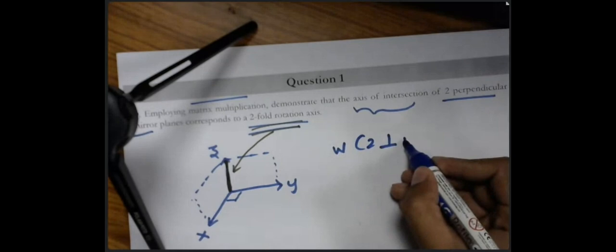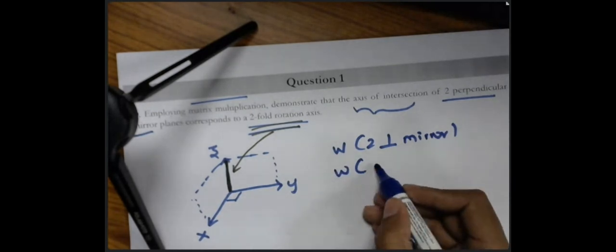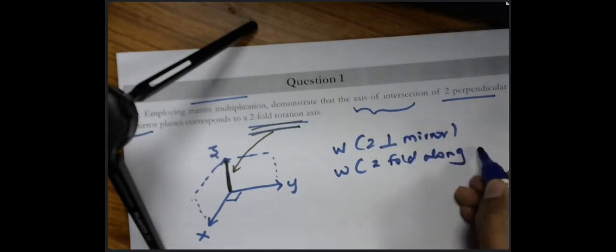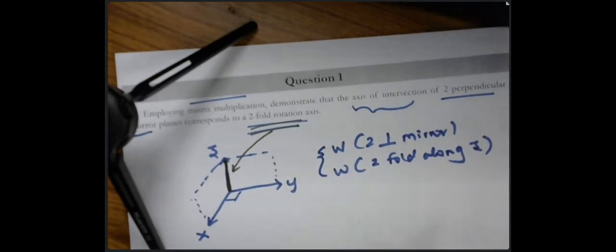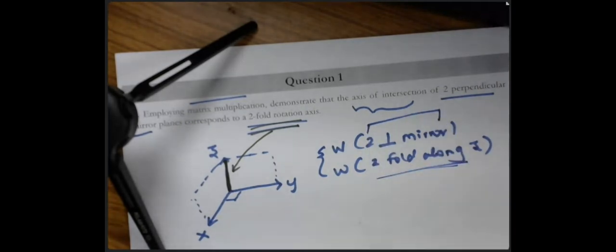We'll write the symmetry transformation matrix for the two perpendicular mirrors, and we'll also write it for the two-fold rotation along Z. If these matrices are exactly the same, then we can say that yes, there is always a two-fold axis along the intersection of two perpendicular mirrors. Okay, so let's start.